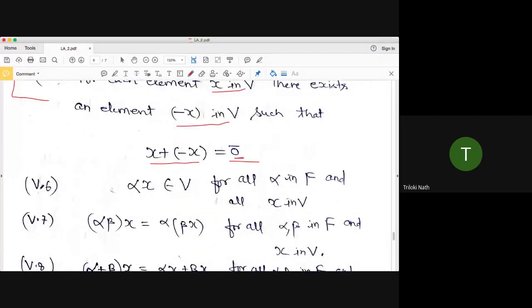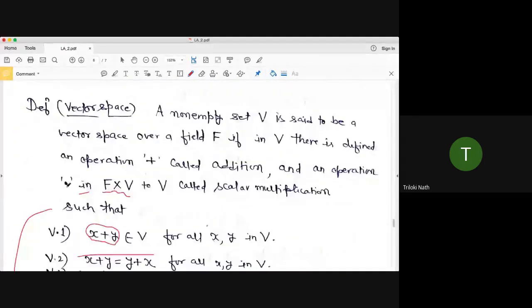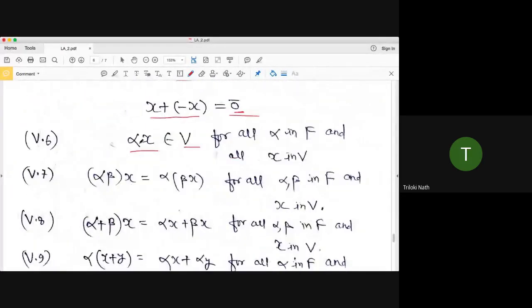Another one, that is V6, is alpha x belongs to V. I am not writing the dot here; the dot is hidden. So alpha dot x belongs to V, that is, alpha x belongs to V for all alpha in F and x in V. This is called V is closed with respect to scalar multiplication.